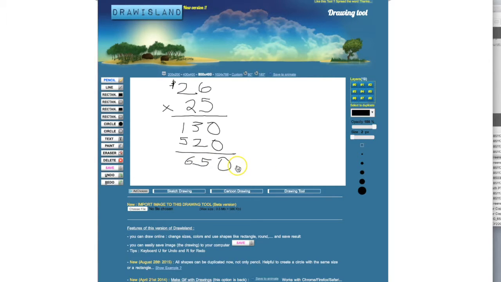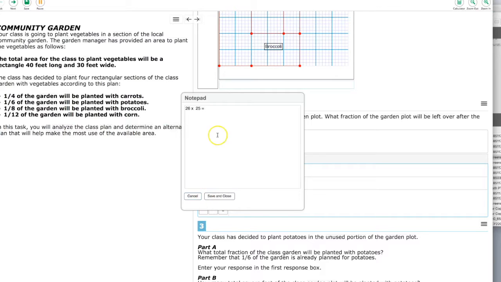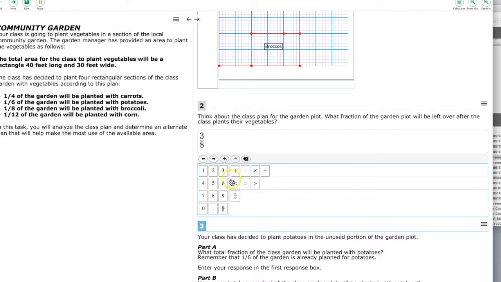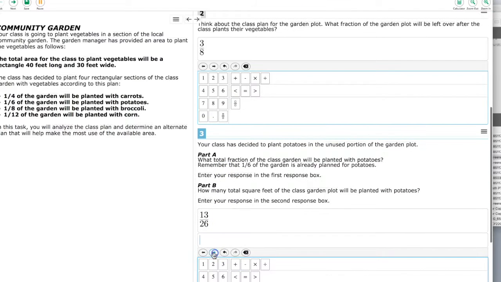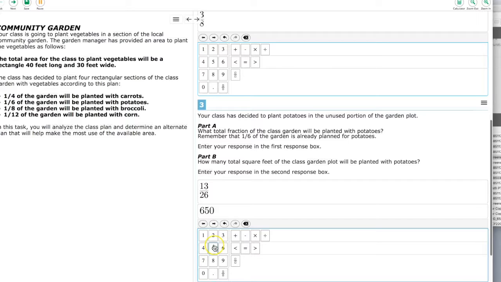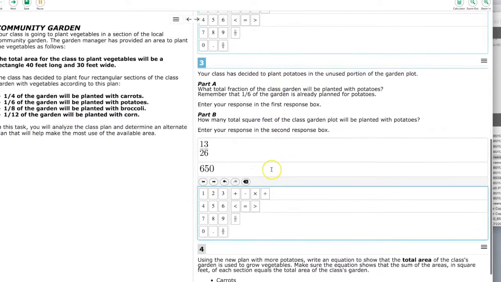So there it is, 650 square feet are in our garden. 650. There we are down here, 650, and it won't even let you type square feet, just 650. That already has total square feet.